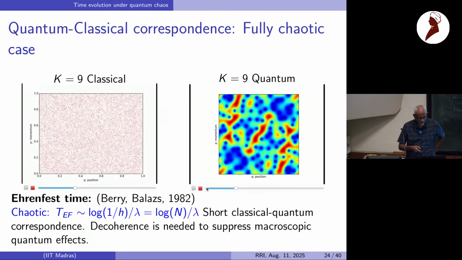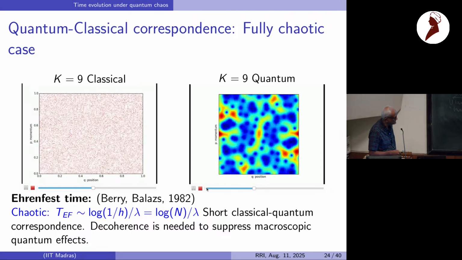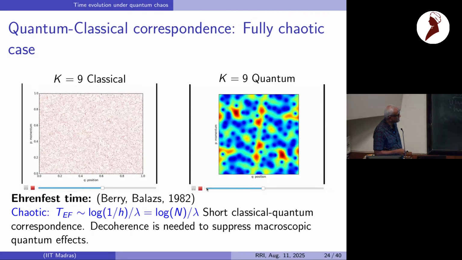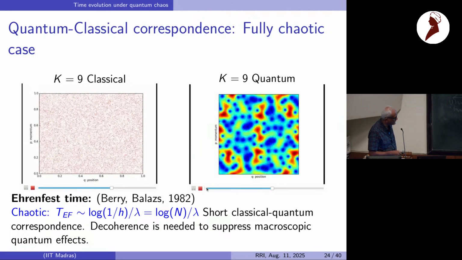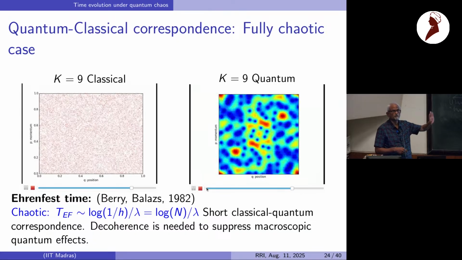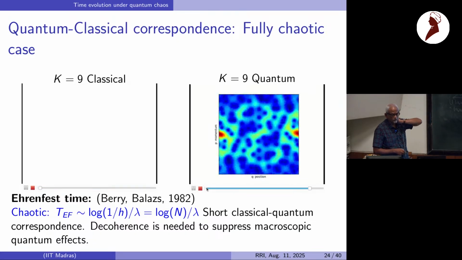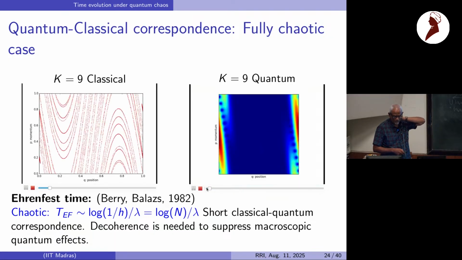So this time scale goes as log of 1 over h, unlike 1 over square root of h, divided by the Lyapunov exponent. So it's log n divided by lambda. It's an extremely short time scale compared to the Ehrenfest time scale for the integrable system, which went as square root of n.